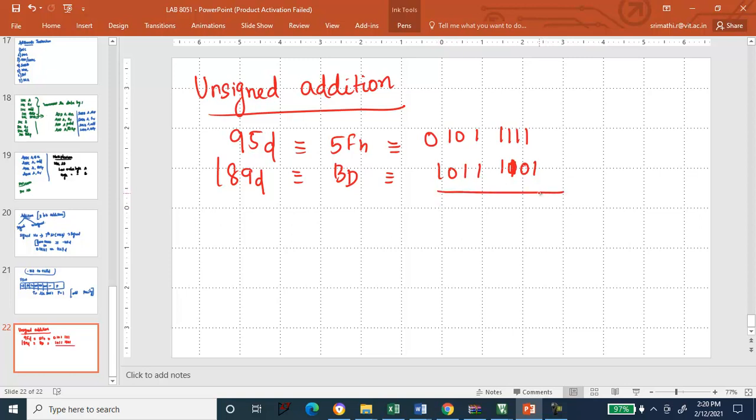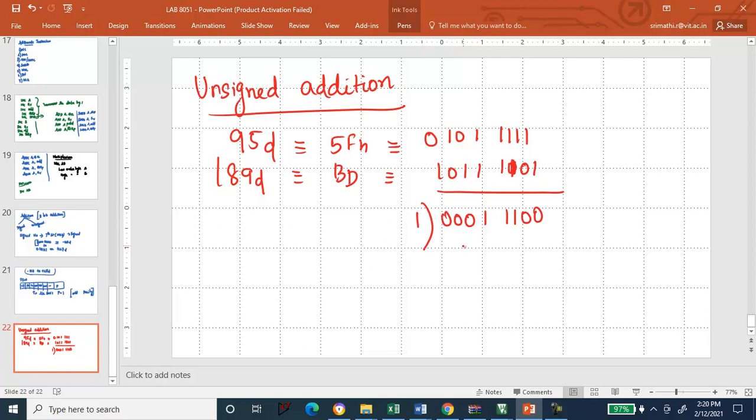So if we add these two numbers, what will we have? 1 plus 1 is 0, followed by 1111 and 000. We have an excess carry.